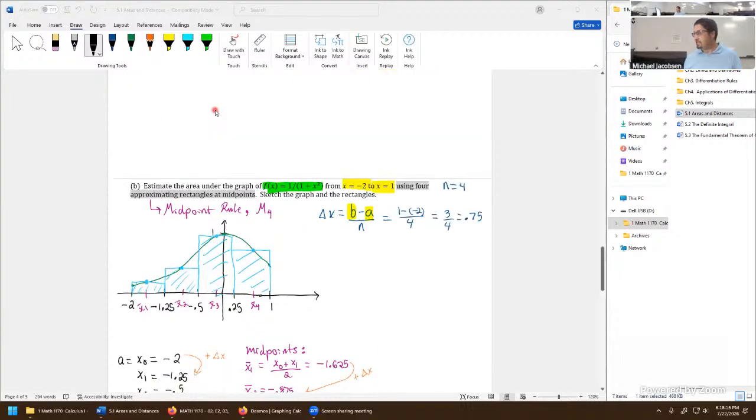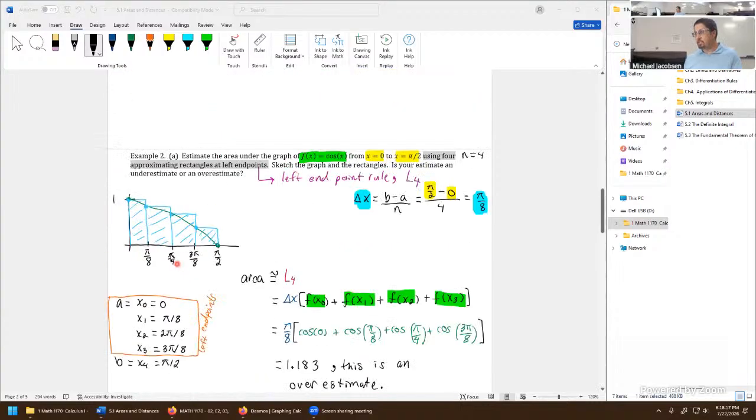Say if we look into this last one we did here, the right endpoint rule, it would have been biased in the other way, it would have been an underestimate. This one is clearly a pretty big overestimate that we see here, but the midpoint rule balances it out. It gets much, much closer with the same number of subintervals.